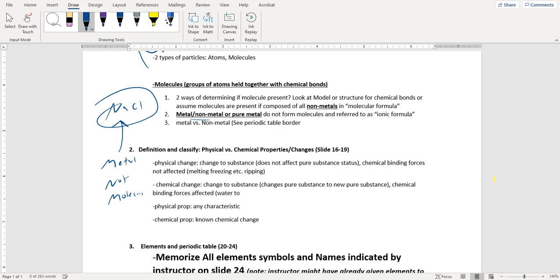So metal-nonmetals or pure metals such as titanium, copper, do not form molecules. We tend to refer to those as ionic formulas, as opposed to H2O, which is pure nonmetals, and these are considered molecular formulas.